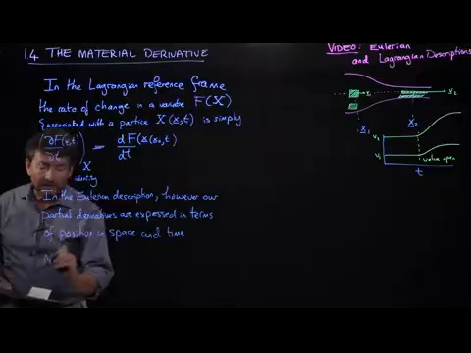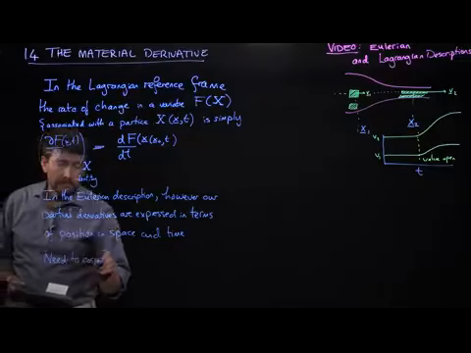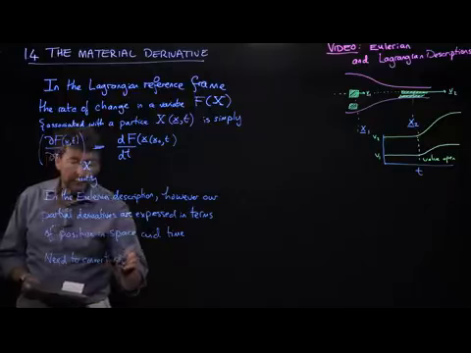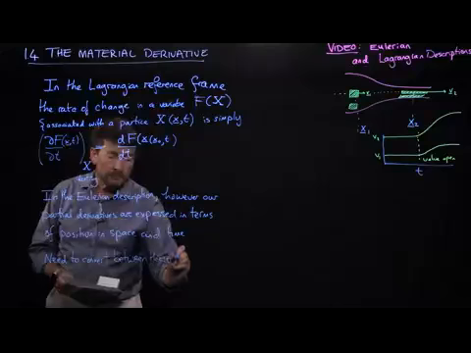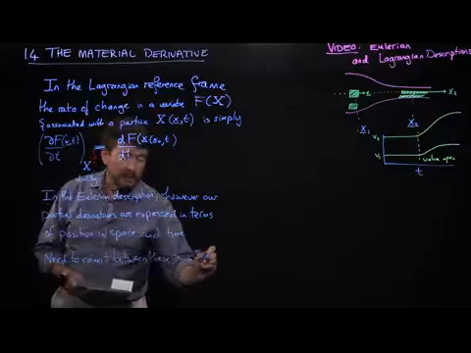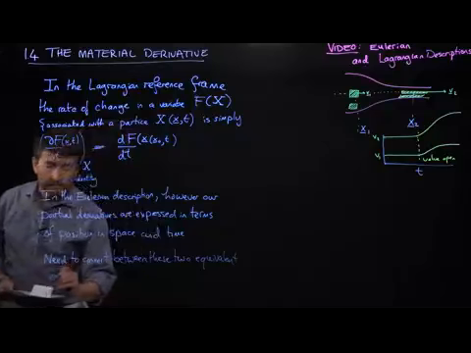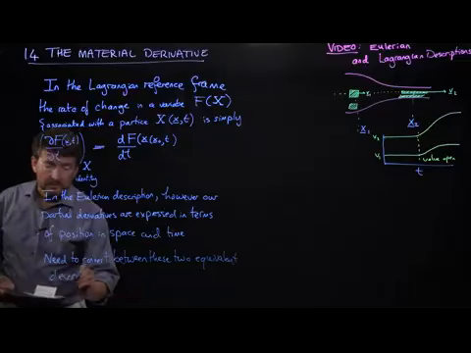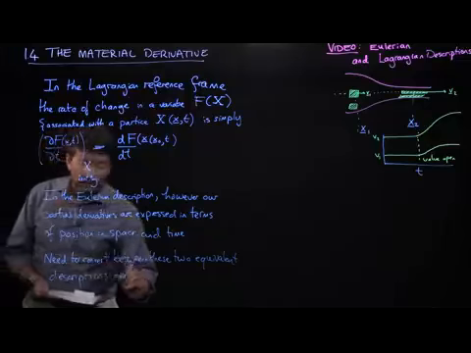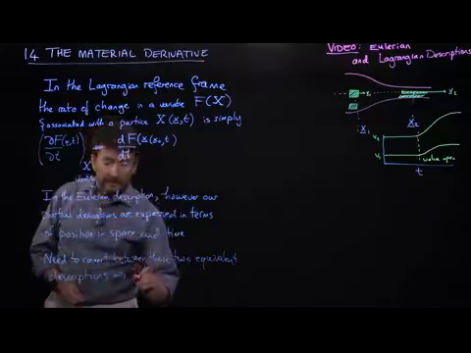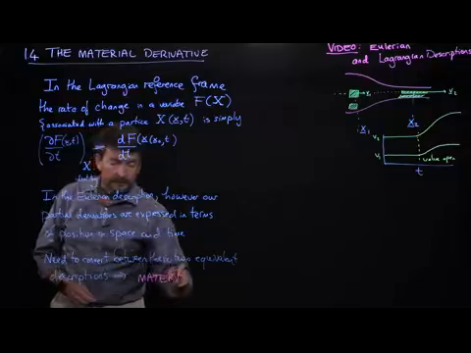So to convert between these two descriptions, which are completely equivalent, the way we're going to do that conversion is going to be in terms of something called the material derivative.